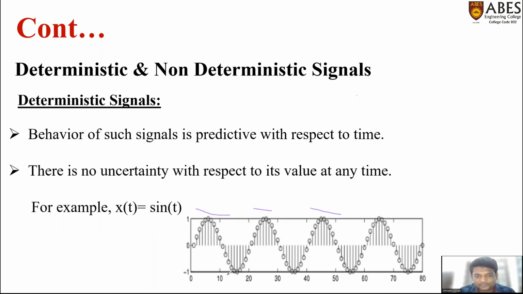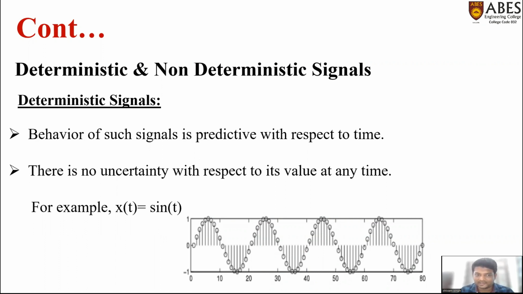So you'll see for each and every time instant, the value is defined. So such type of signals are called deterministic signals. Here it is given, there is no uncertainty with respect to its value at any time. Means what? Means you will get the value at each and every time instant.